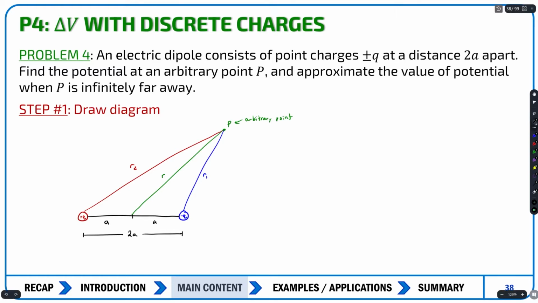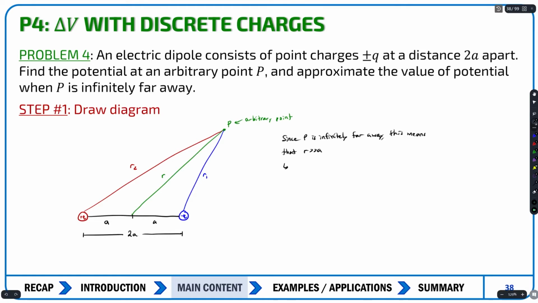Because P is infinitely far away, this means that R must be much greater than a.